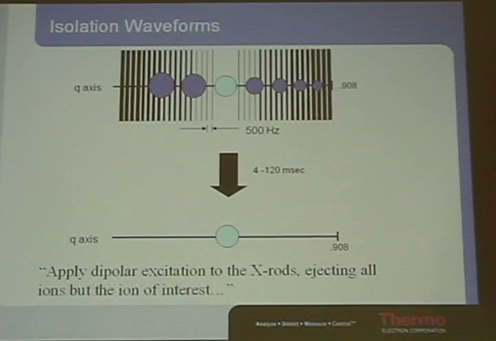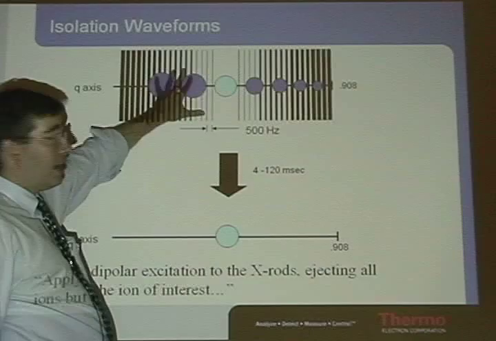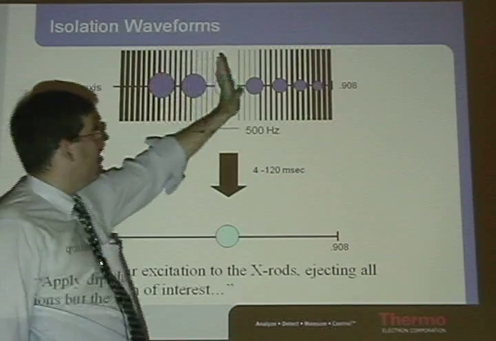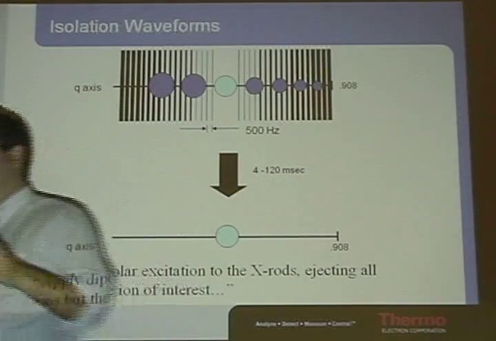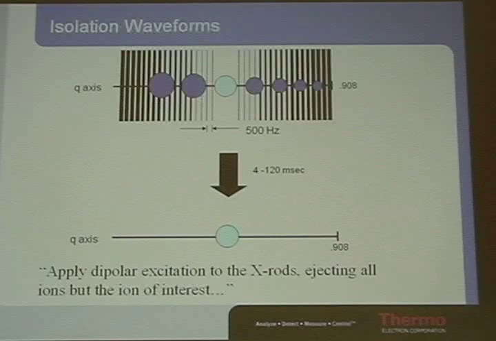Not the amplitude, the frequencies. We apply every frequency of all the ions higher in mass and every frequency of all the ions lower in mass to the rods all at one time. Those ions go, and the ion of interest is never in resonance, so it just sits there.